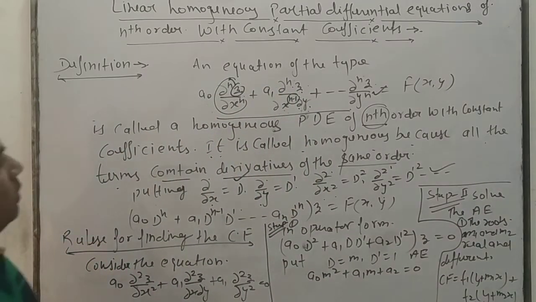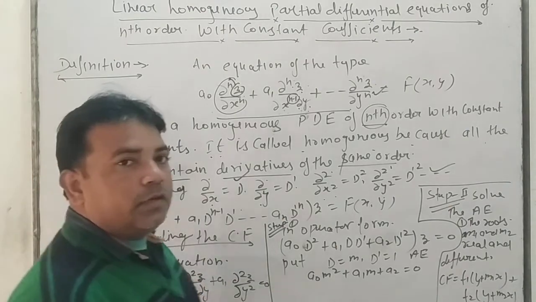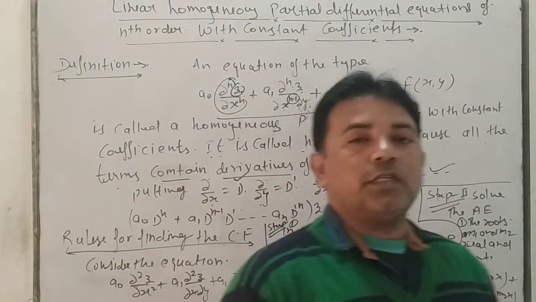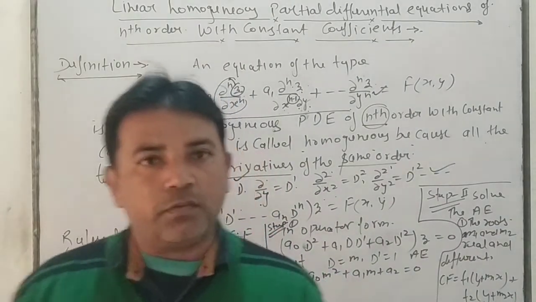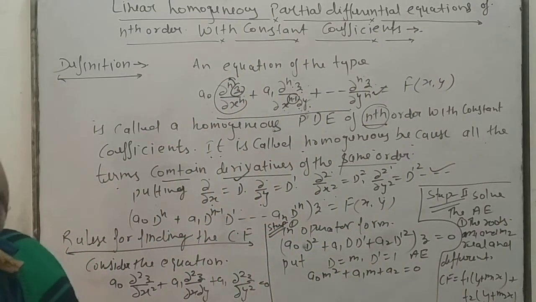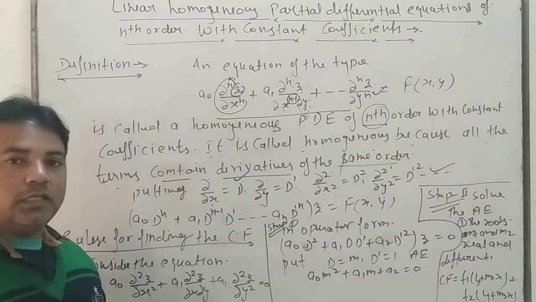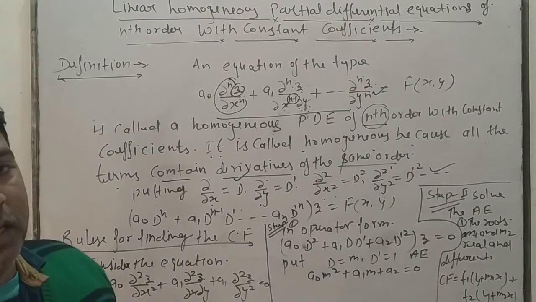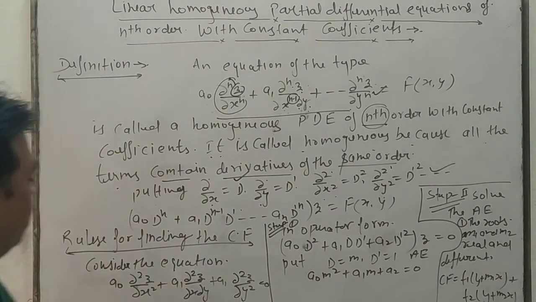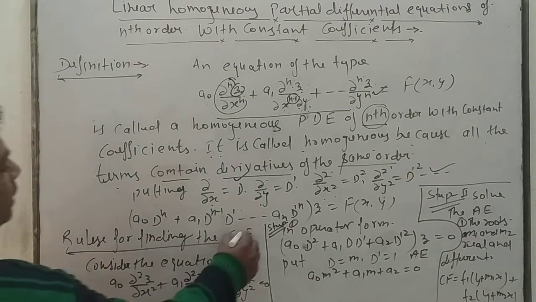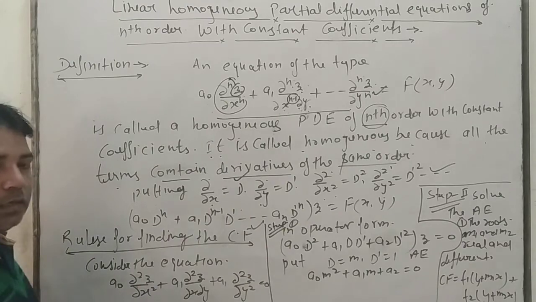First we take the partial differential equation, and the first step is to change the partial differential equation into operator form. After that you find the CF and PI. The complete solution of the partial differential equation is CF plus PI. Now the rules for finding the CF, the complementary function.